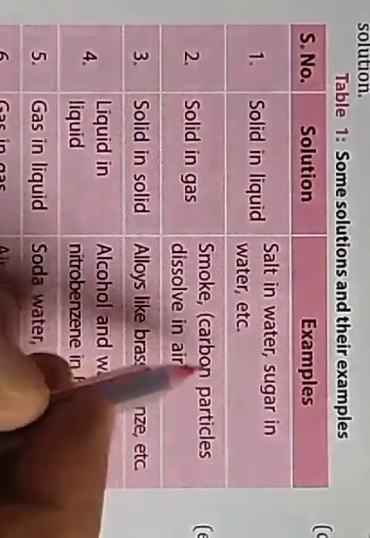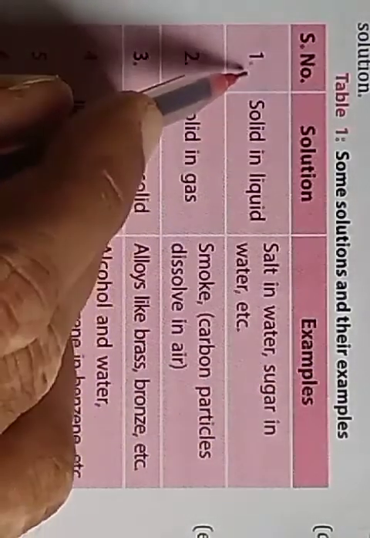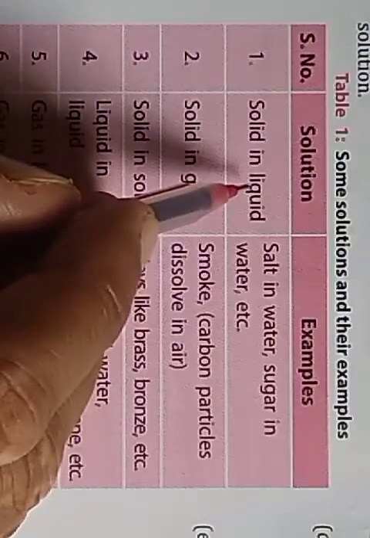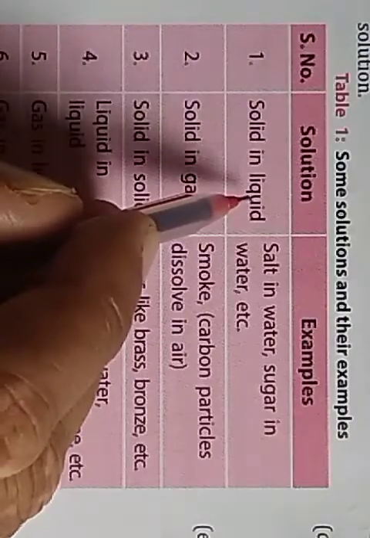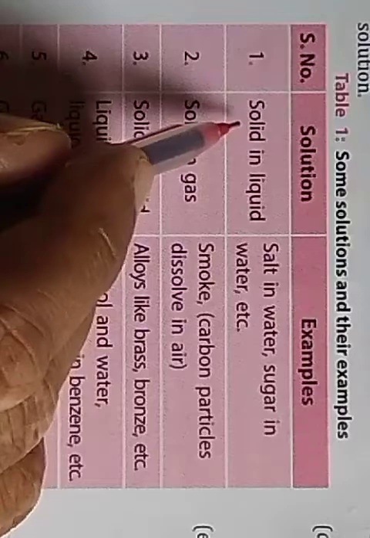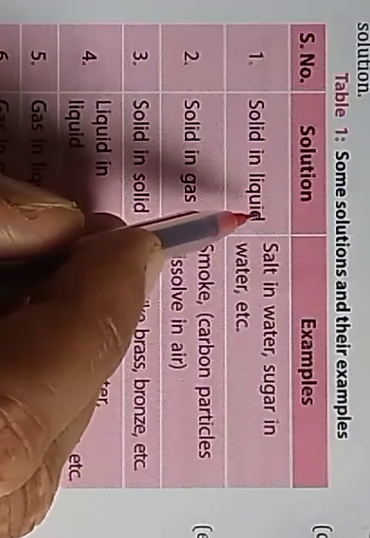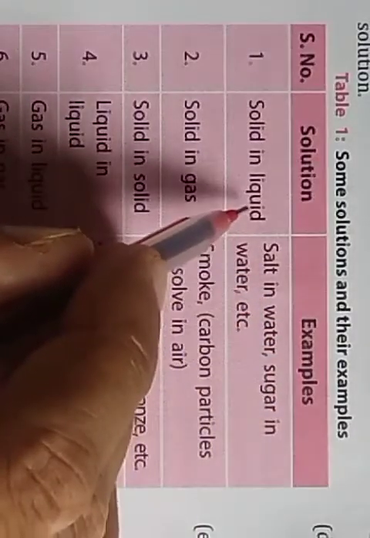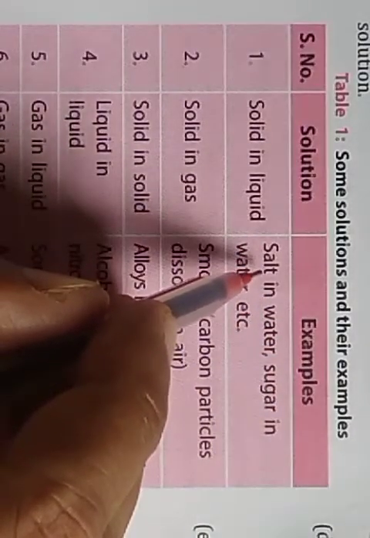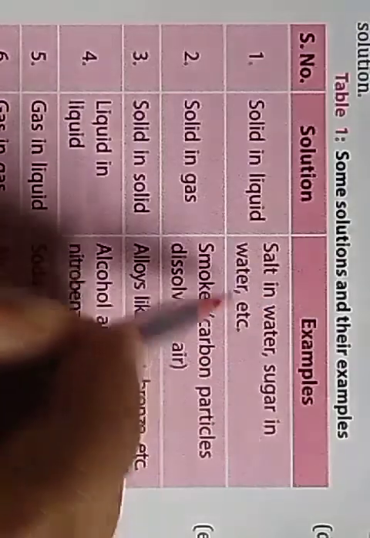Number 1, solid in liquid. When solid dissolves in the liquid, solid acts as a solute and liquid behaves as a solvent. For example, salt in water, sugar in water.